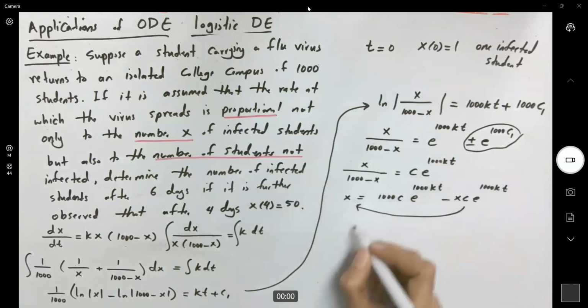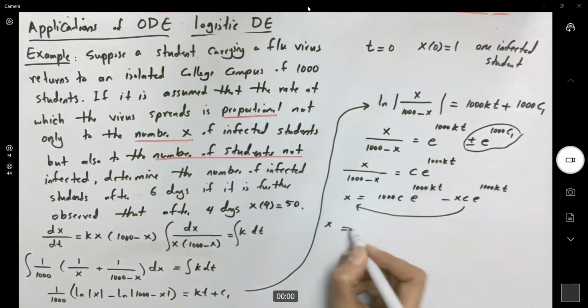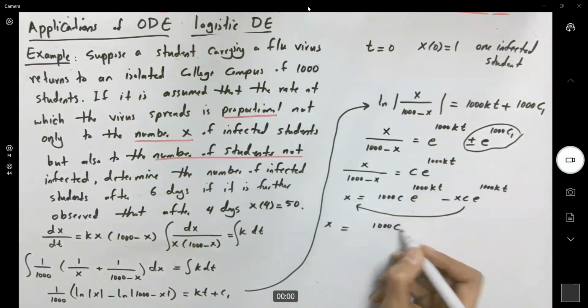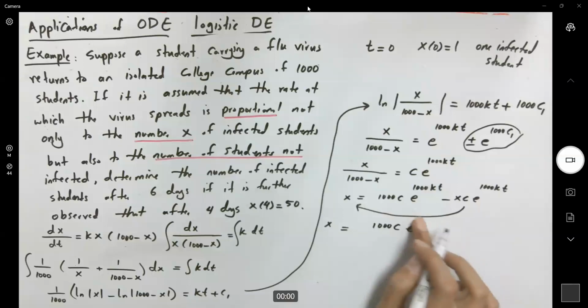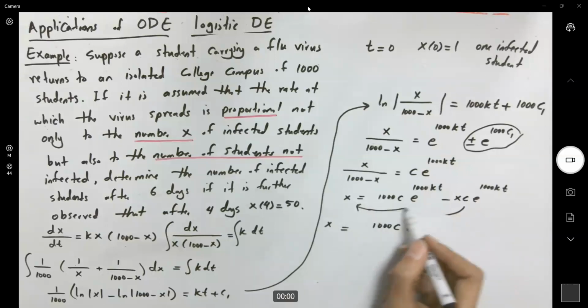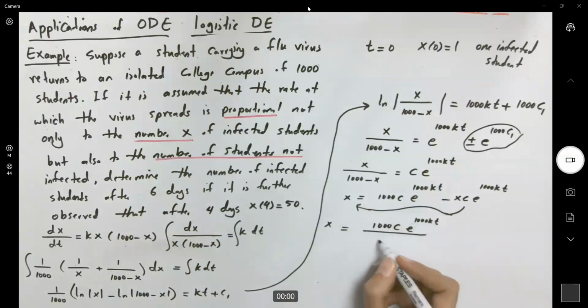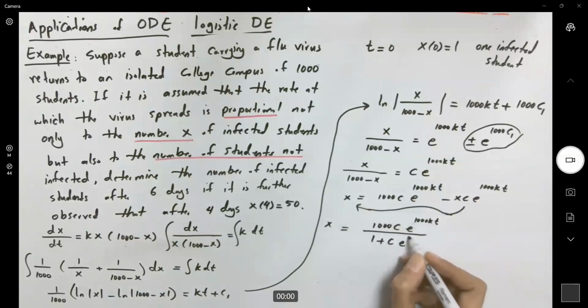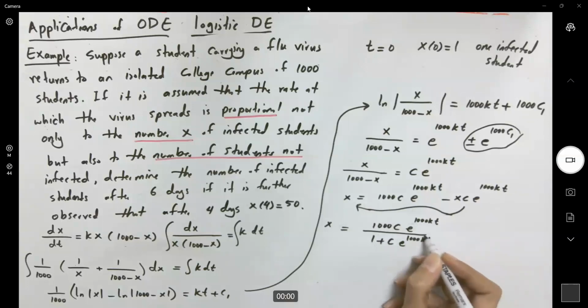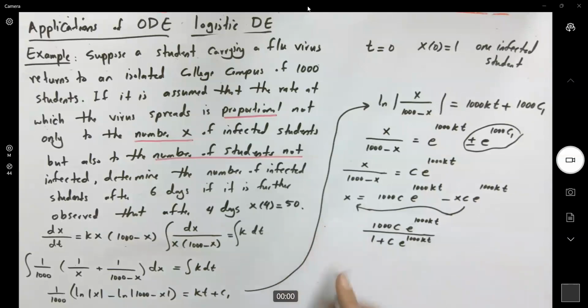Bring this quantity to the other side, factor out x. X becomes 1,000 c e to the 1,000kt divided by 1 plus c e to the 1,000kt. So this is x of t.